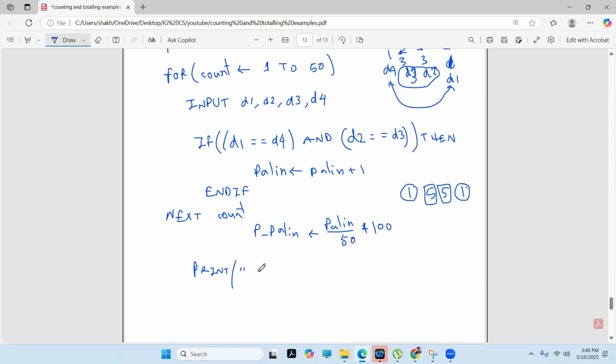Print percentage of palindrome is palindrome. Okay. That's the explanation for palindrome.